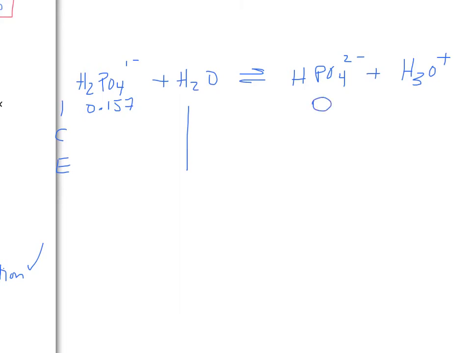None of HPO4 2- is in my system, but I already have an initial concentration of 0.157 mole per liter of hydronium from the first donation. Let's define this concentration here at equilibrium because it starts off as 0 and it will make the math easier.